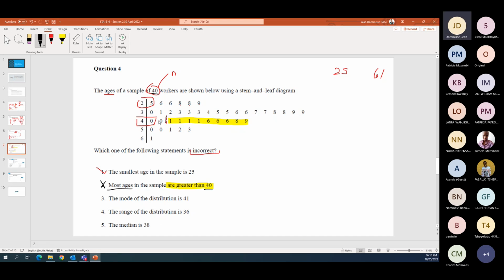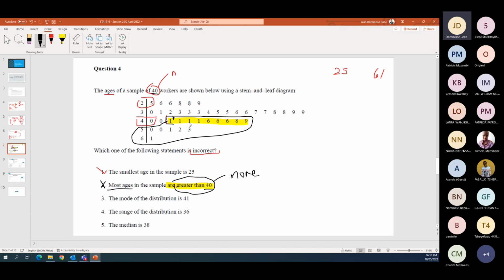There's another age 40, but they want more than 40. So greater than 40 means more than 40. So 41 starts with this number here. So basically I could have just said, let's count how many are more than 40.